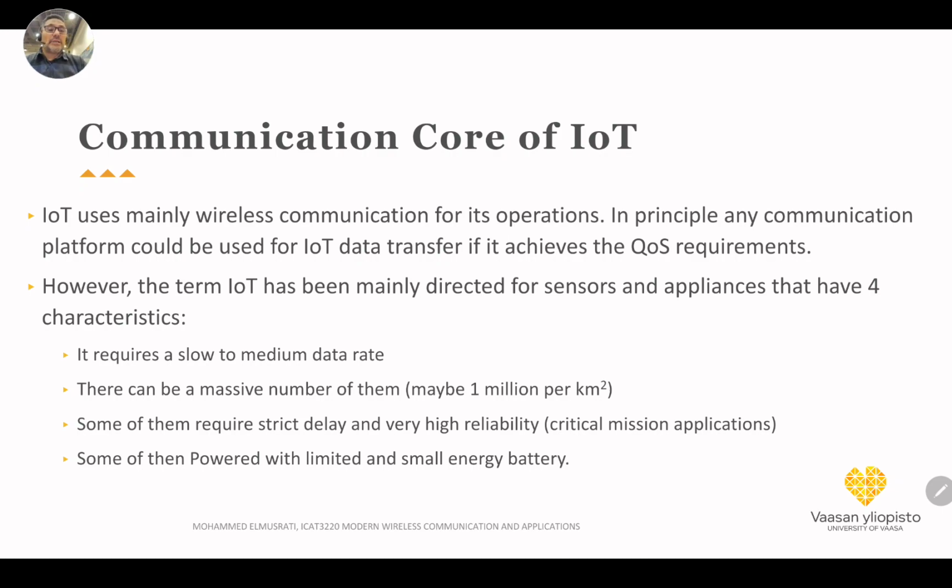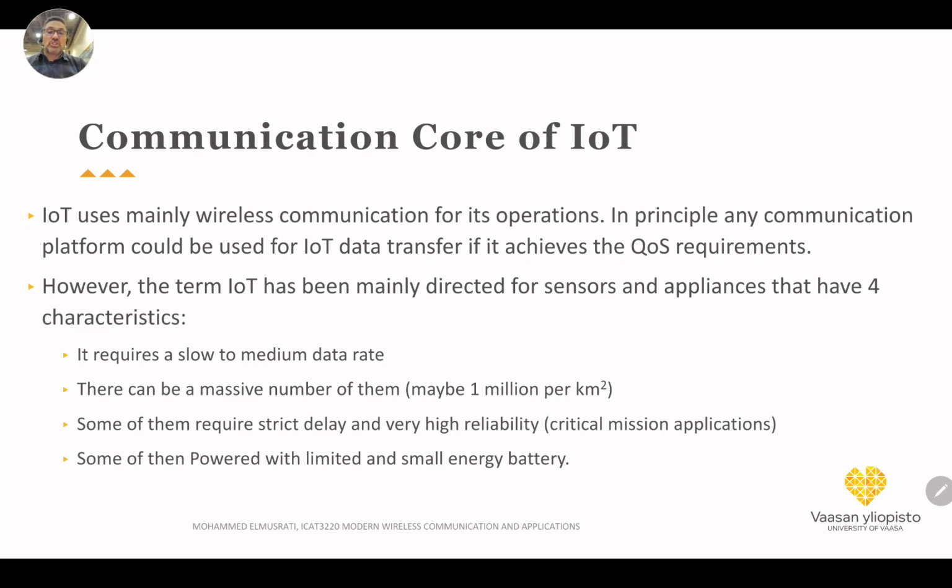As we mentioned before, IoT has mainly four characteristics. It requires sometimes slow or medium data rate. There can be a massive number of devices. Many applications are very time critical, which means strict delay, and they require very high reliability and availability.